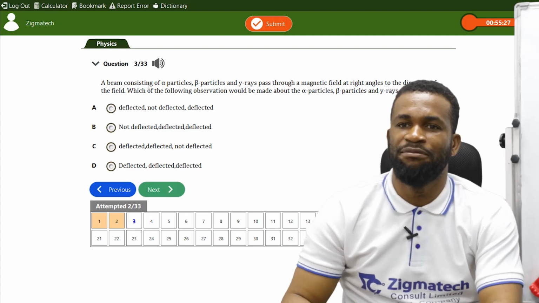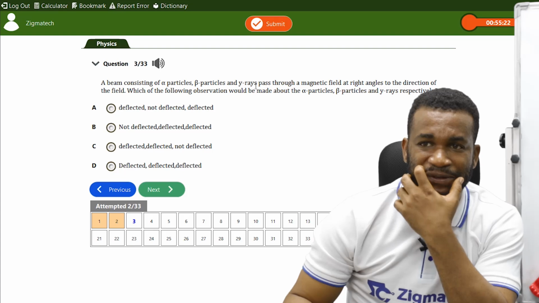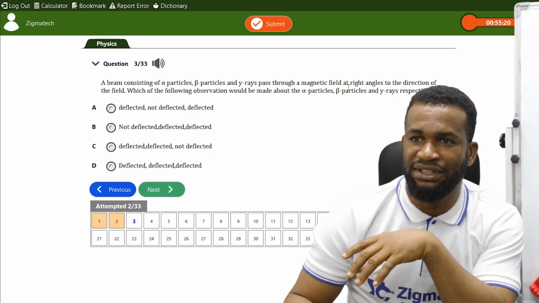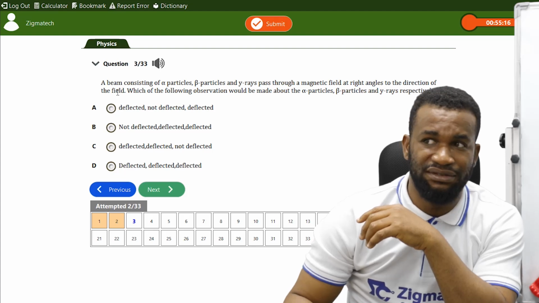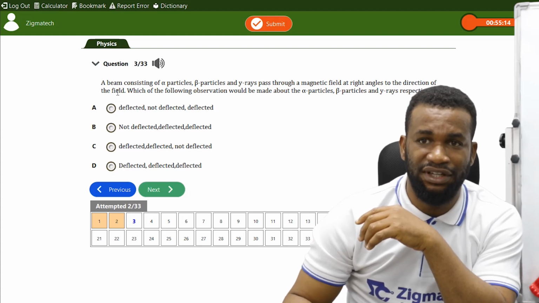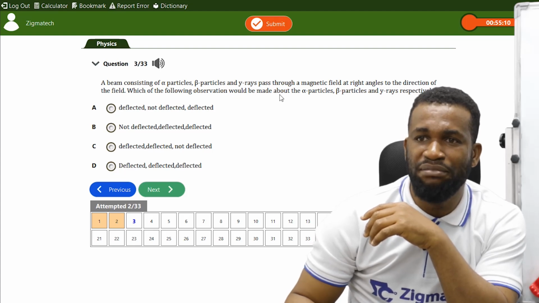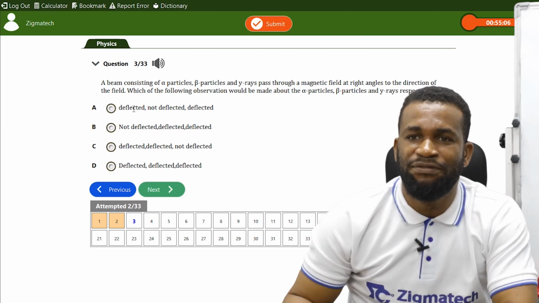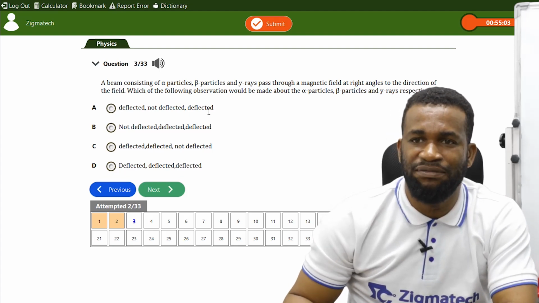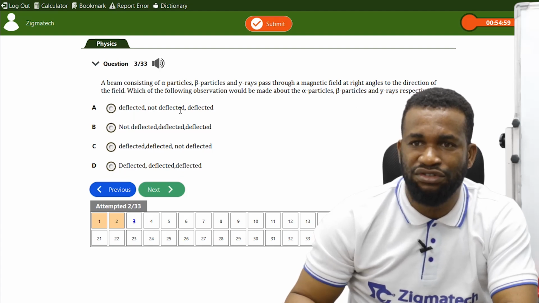Okay, we looked at this. Say a beam consisting of alpha, beta, and gamma rays passes through a magnetic field at right angle to the direction of the field. Which of the following observations would be made about the alpha, beta, and gamma? All right. Alpha is going to be deflected, beta not deflected.